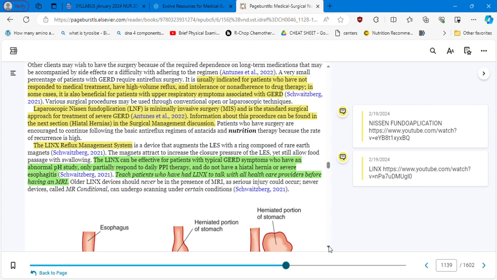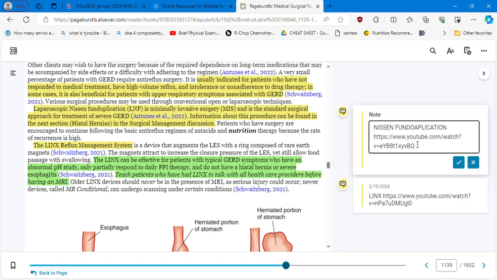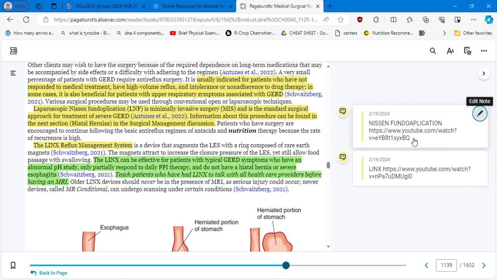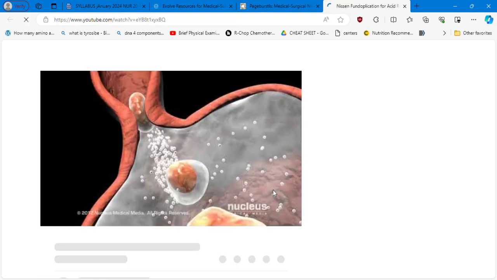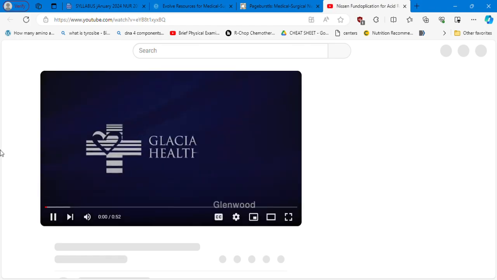Okay, but we are going to review this because it's very important. This is the 10th video with almost the same information that we are reviewing, right? We reviewed enough videos with the lower esophageal sphincter, but now we are going to see the surgery.